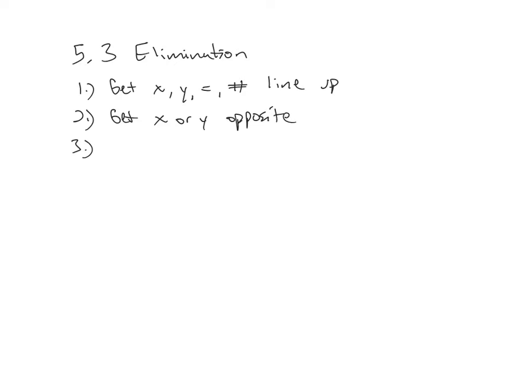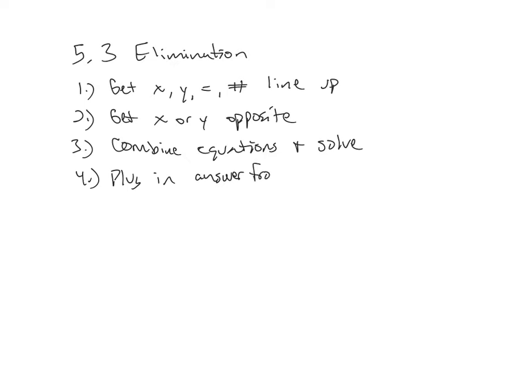Then we want to combine equations and solve that. And then we're going to plug in our answer from step 3. So we'll get an x equal or y equal from step 3 and then the other one from step 4.